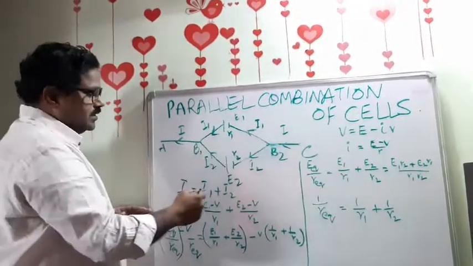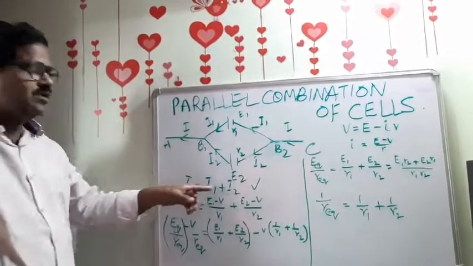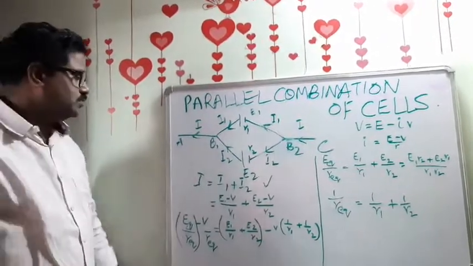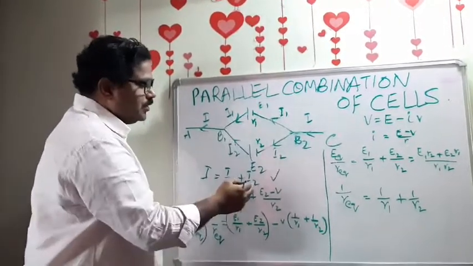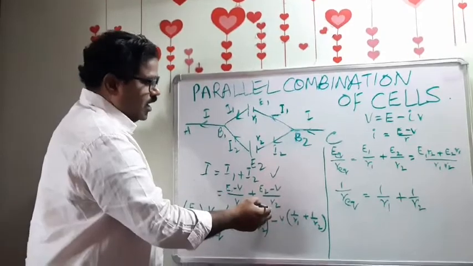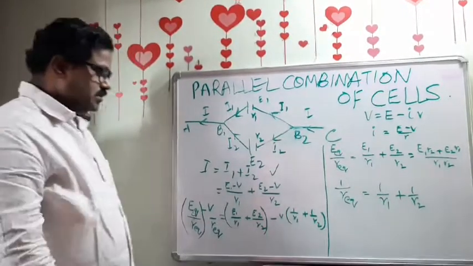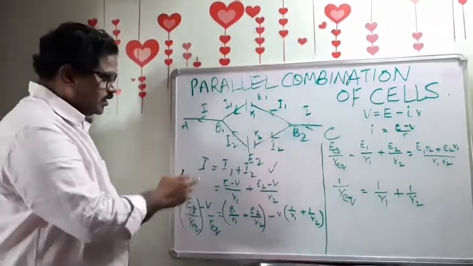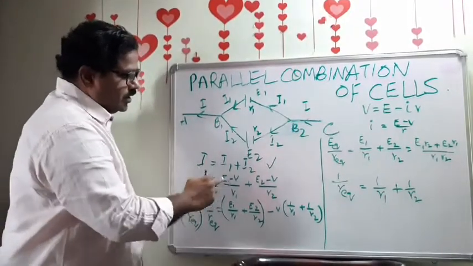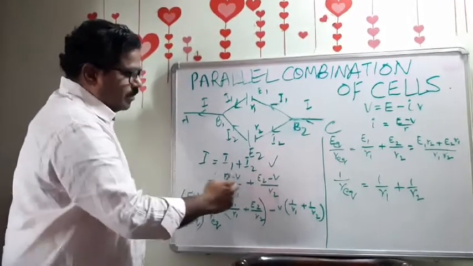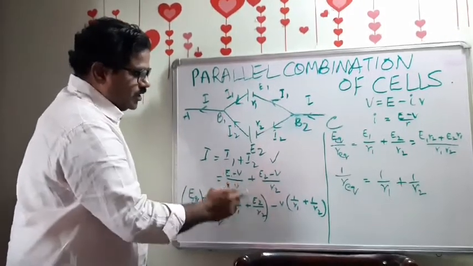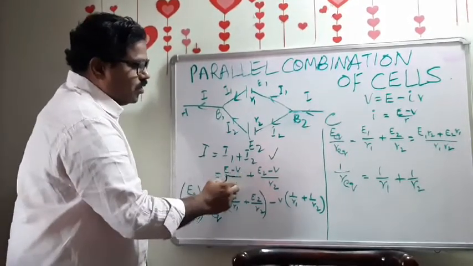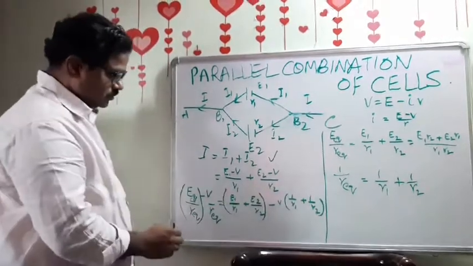The total current is given by I equals I1 plus I2. I1 is E1 minus V by R1 for cell 1, and I2 is E2 minus V by R2 for cell 2. Then these two are recombined: E1 by R1 plus E2 by R2 together, minus V of 1 by R1 plus 1 by R2.